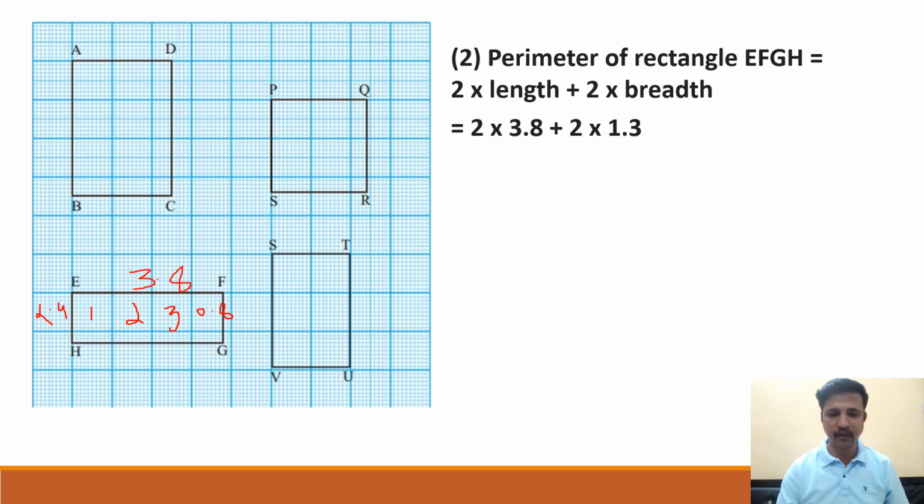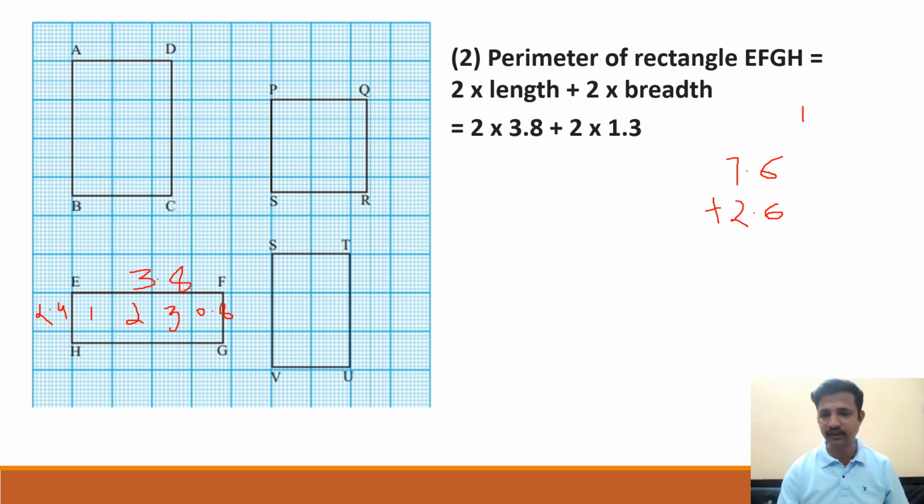Okay, calculate that. 2 8s are 16, carry 1. 3 2s are 6, 6 plus 1 is 7. 7.6. Correct. 7.6 plus 3 2s are 6 and 2 2s are 2.